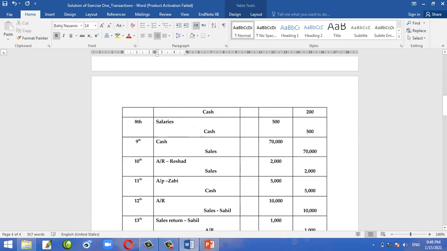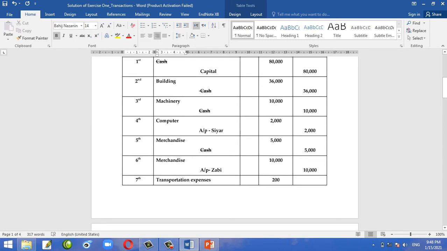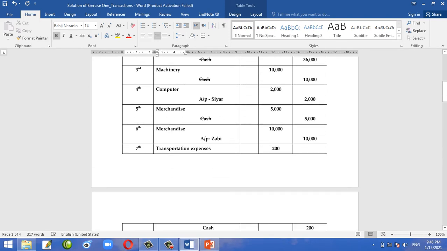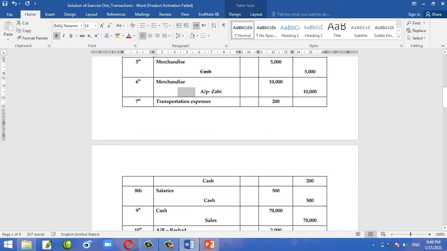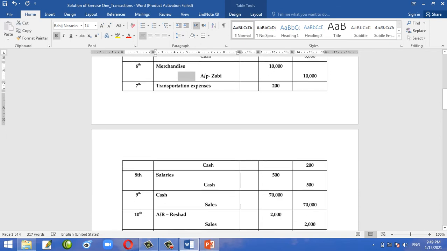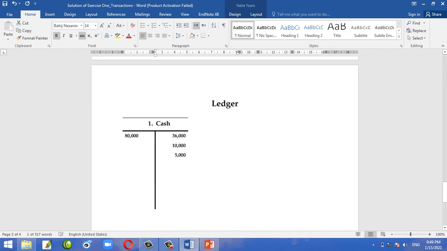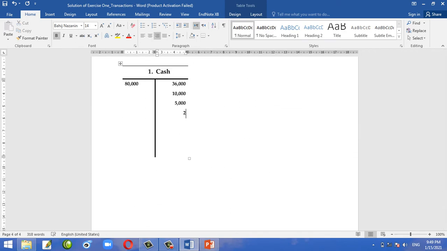Now come to the sixth one. Do we have cash? No. Come to the seventh one. Do we have cash? Yes, we have cash as credit. We have 200 Afghanis. Cash 200 Afghanis.